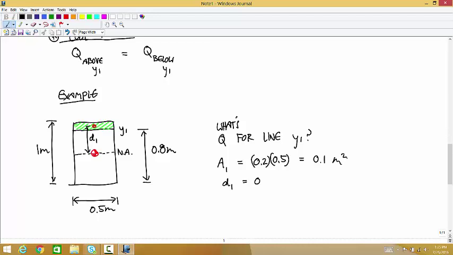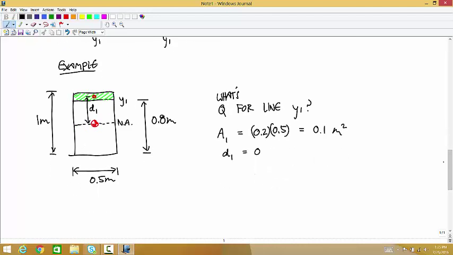Okay, so D1 is equal to 0.3. That's the distance from the neutral axis to Y1. And then plus another 0.1 to get from Y1 to the centroid of the shaded region. So 0.4. And that's meters.